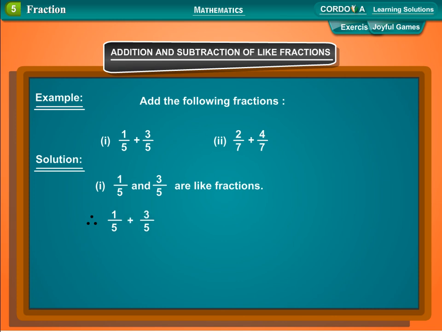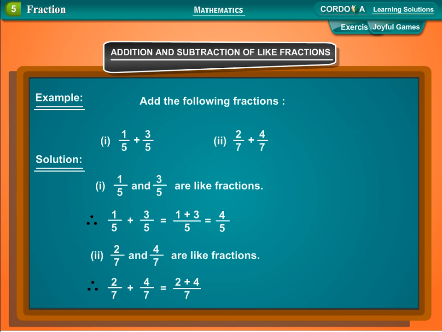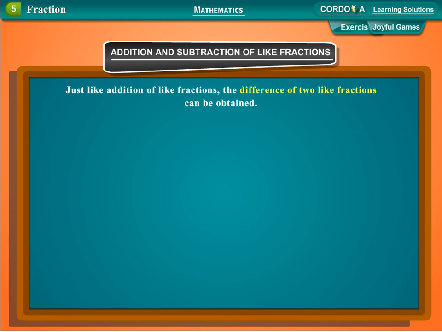Therefore, 1/5 plus 3/5 is equal to (1 + 3)/5, which is equal to 4/5. 2/7 plus 4/7. 2/7 and 4/7 are like fractions. Therefore, 2/7 plus 4/7 is equal to (2 + 4)/7, which is equal to 6/7.